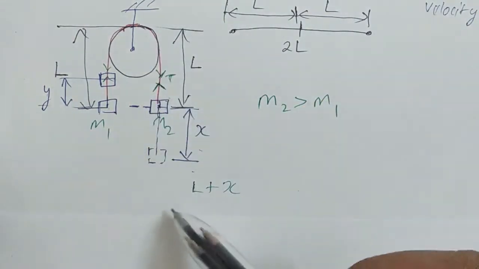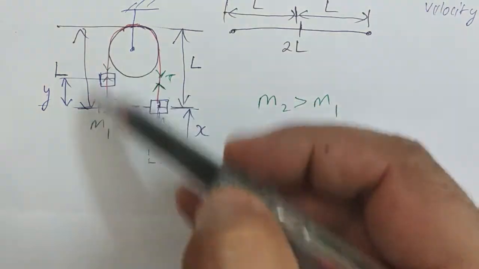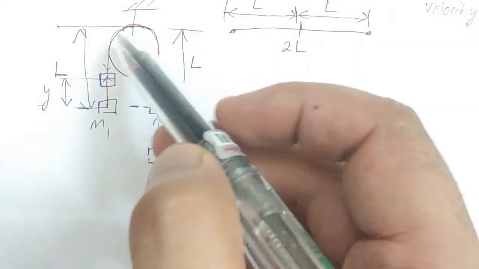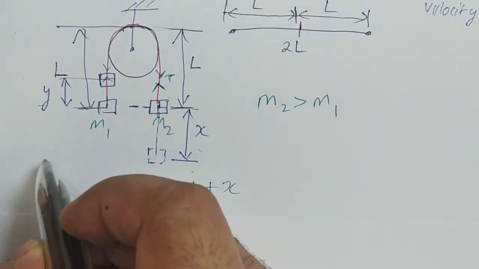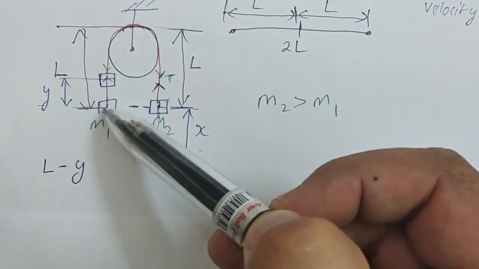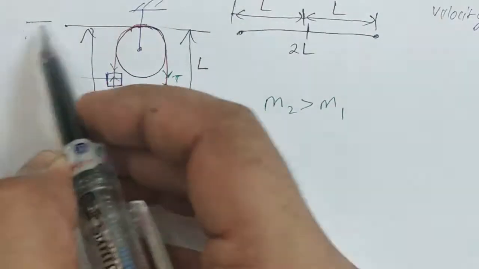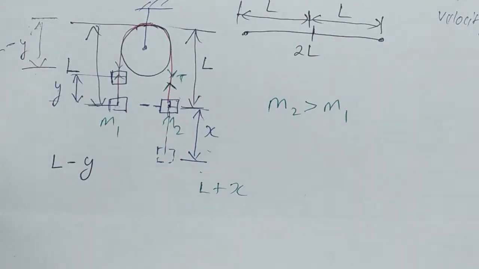The length of the string has increased to L plus x. And on this side of the string, the length of this string has decreased and it has become L minus y. See, this total was L, so it has risen by a certain height, that is y. So it has become now this much only, that is L minus y.